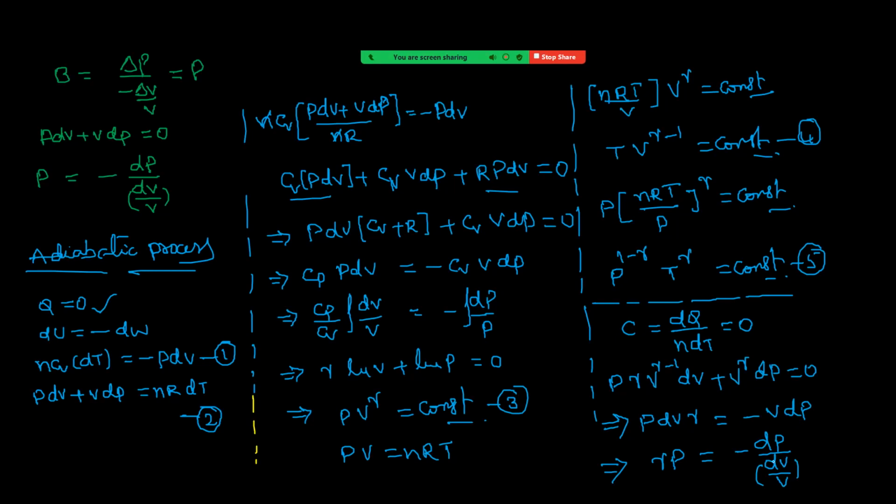Now that is taken as dV by V, right? Now this is nothing but bulk modulus. That means for adiabatic process, bulk modulus is gamma times pressure of the gas, whereas for isothermal process, bulk modulus is equal to pressure of the gas.